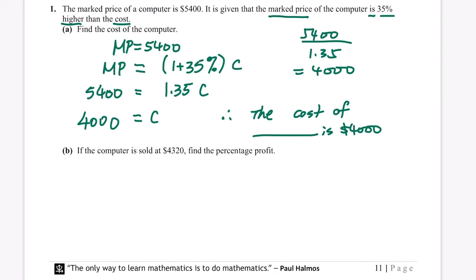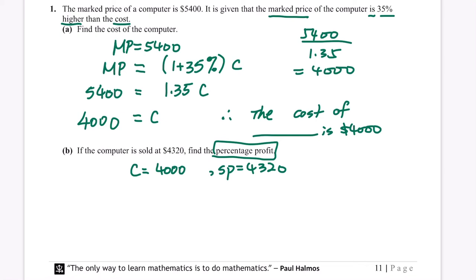And then continue. If the computer is sold as this, we have the cost price 4,000. We have the selling price 4,320. Then we have to find the percentage profit. So it's a percentage something. So it will be new minus old over the old times 100%.